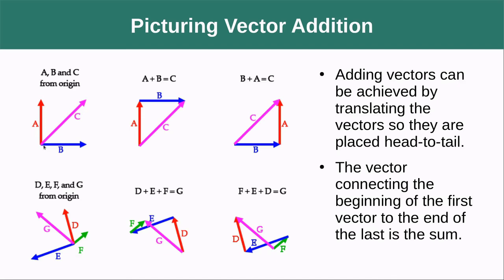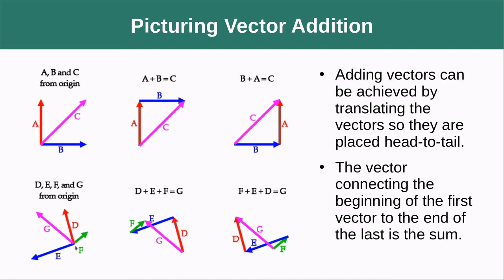Well, if I put these two heads to tails, then it's going to start off at the origin of the A and end at C. So if I move B up so that its tail meets A's head, and then come over, I get C. It doesn't matter if I move B up or if I move A over. Both arrangements are going to yield the same vector C.